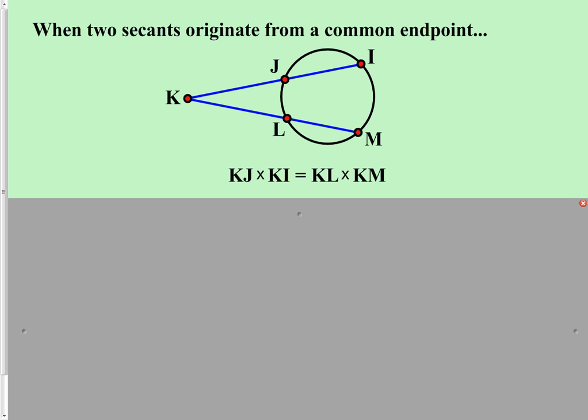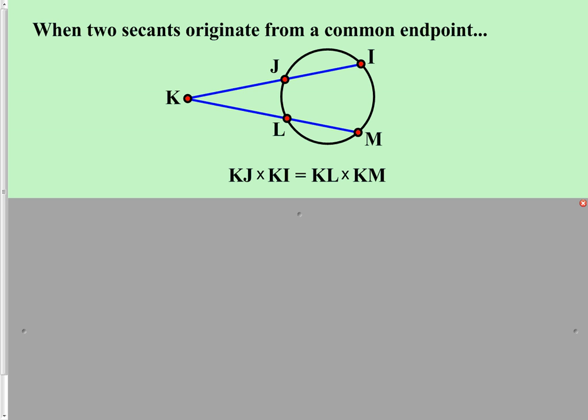So in plain English, this formula says the length outside the circle of one secant, times the entire secant, should equal the length outside the circle of the other secant times the length of that other secant.